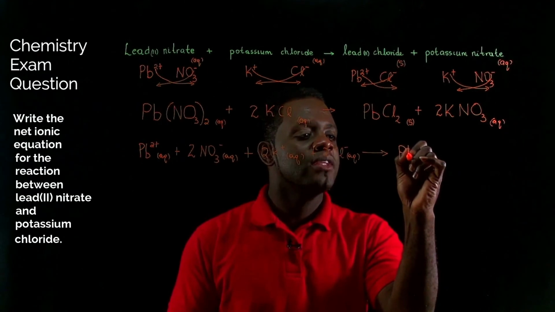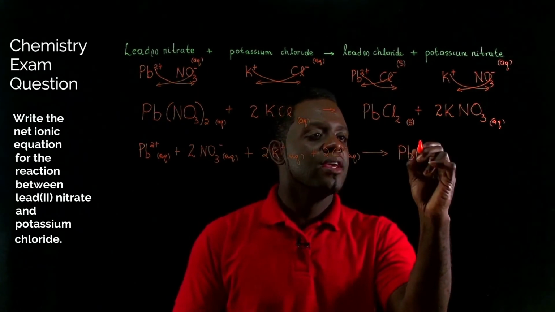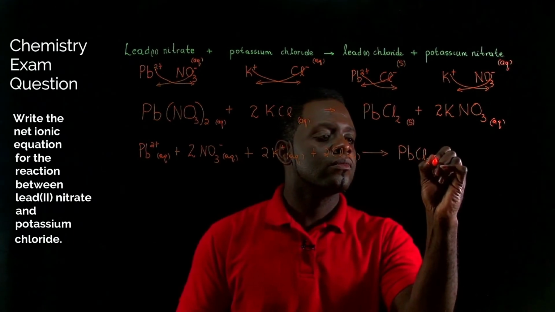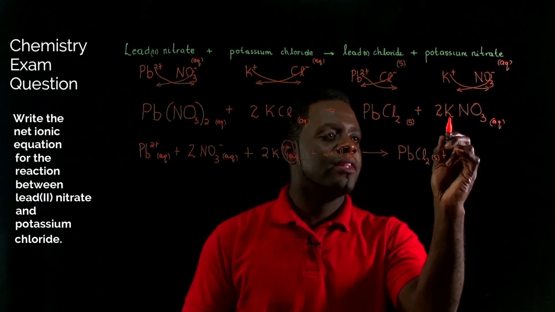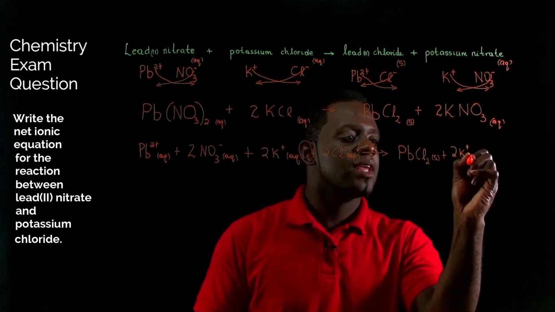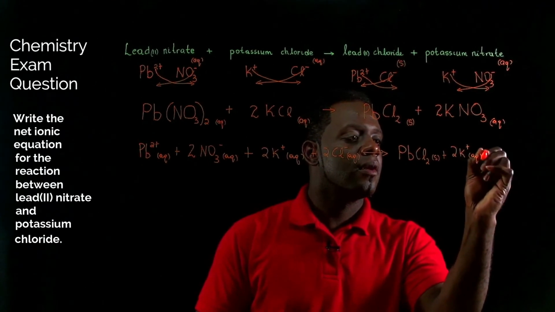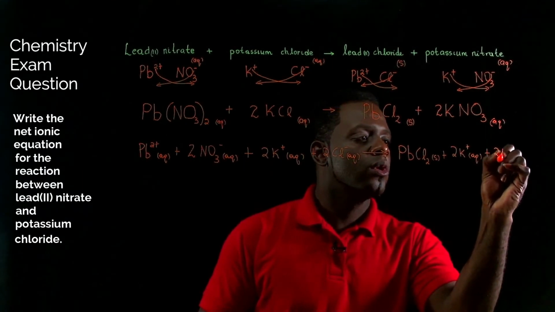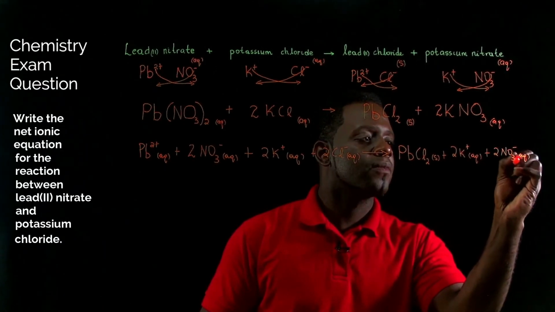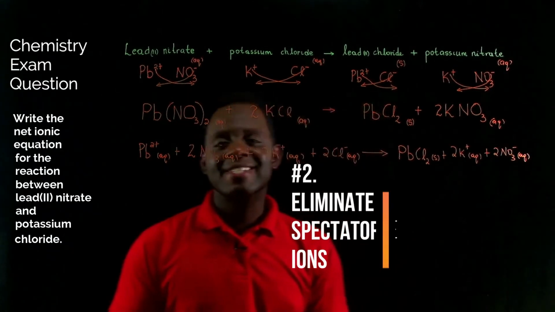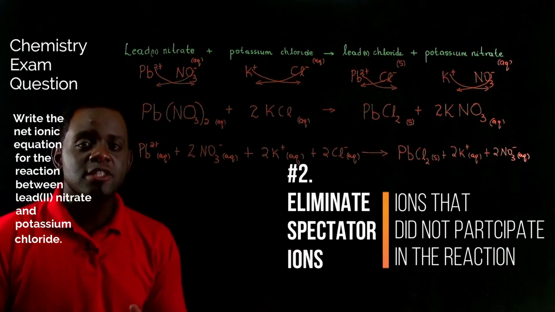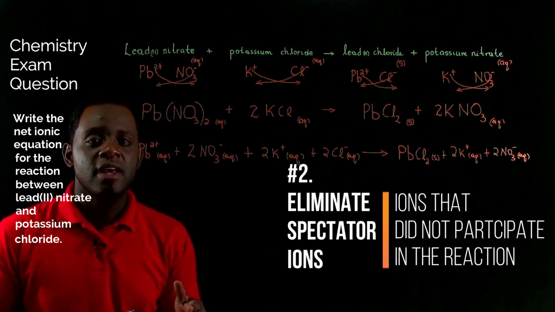We only separate the aqueous compounds. Plus, and we separate the potassium nitrate into 2K+ aqueous plus 2NO3- aqueous.